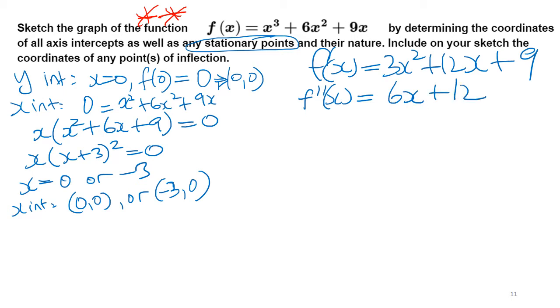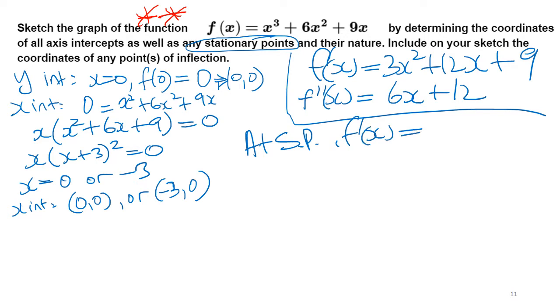All right, so we will be using these to help us out. We know at stationary points the first derivative equals 0. The gradient equals 0. So let's solve for x when f dash equals 0.